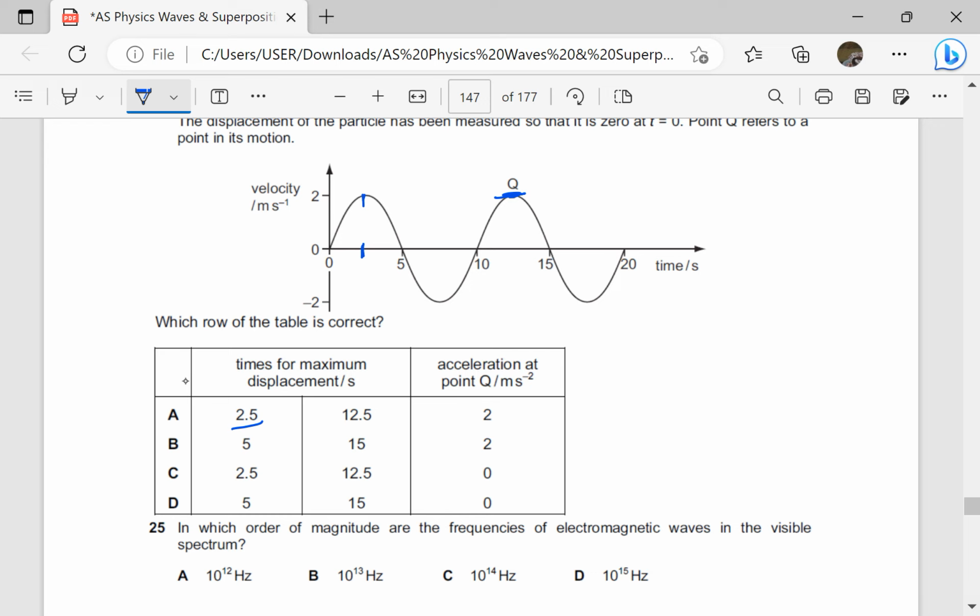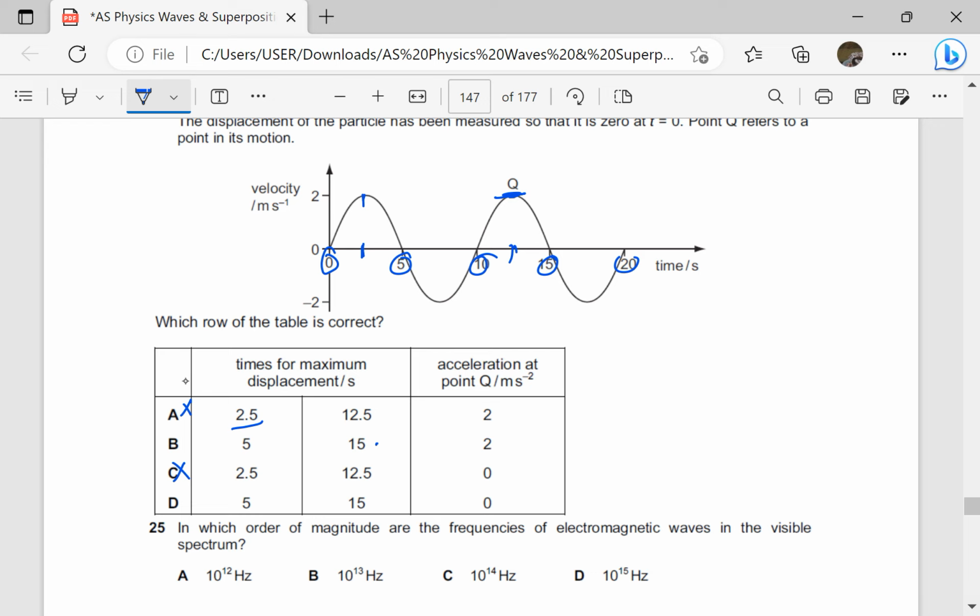So the times for maximum displacement are 0, 5, 10, 15, and 20. So 2.5 and 12.5 are not true. 5 is correct, 15 is correct. So 2.5, 12.5 is wrong. So remain with B and D. So 5 and 15.